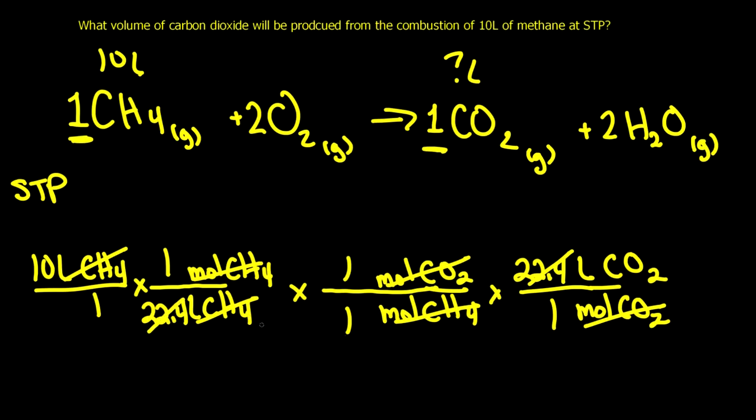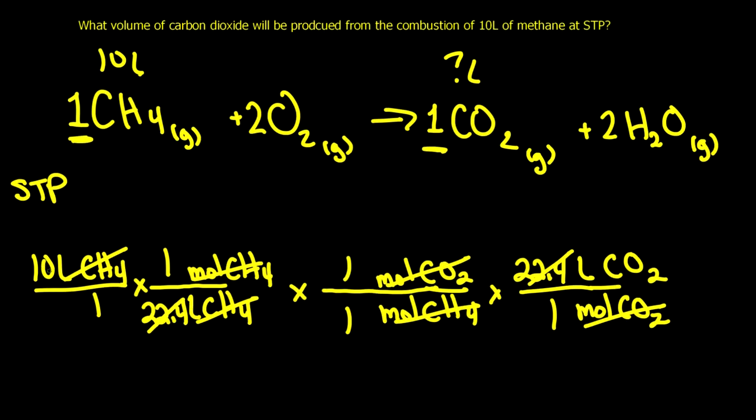That leaves me with my initial volume amount of 10, the mole ratio, and liters of carbon dioxide. So that's what I was saying earlier. When you do a volume to volume at STP, all you really have to do is multiply by the mole ratio, because everything cancels out except for the mole ratio, your initial volume, and the liters of what you're looking for.